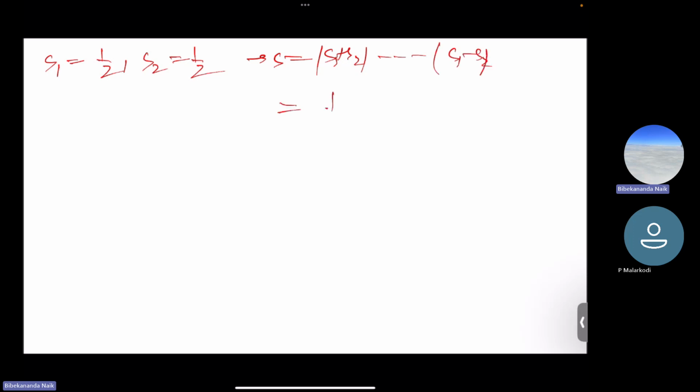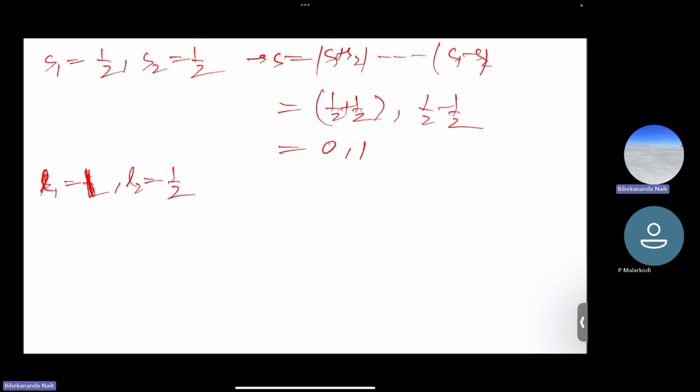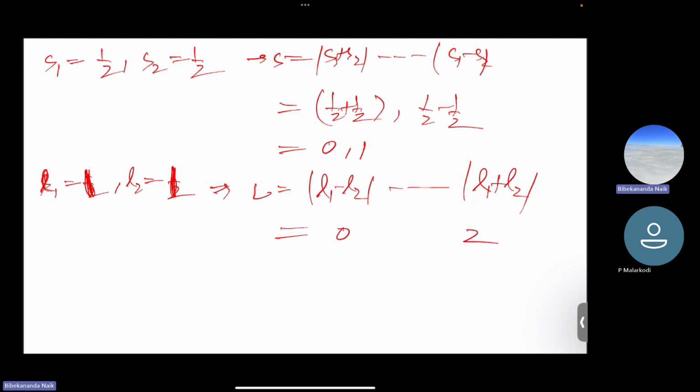It will be half plus half and half minus half, that is 1, 0. And when l1 is 1 and l2 is 1, then L will be from mod l1 minus l2 up to l1 plus l2 with 1 increment. So l1 minus l2 is 0, l1 plus l2 is 2, so it will be 0, 1, 2. So for S equals 0, L equals 0, J is 0, so the term will be 1S0.